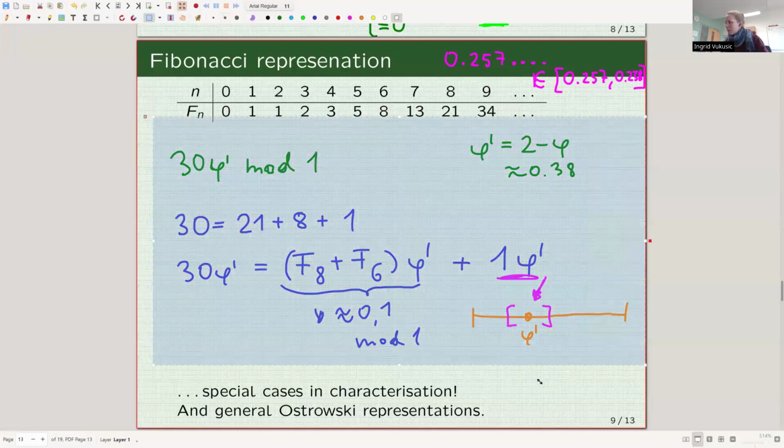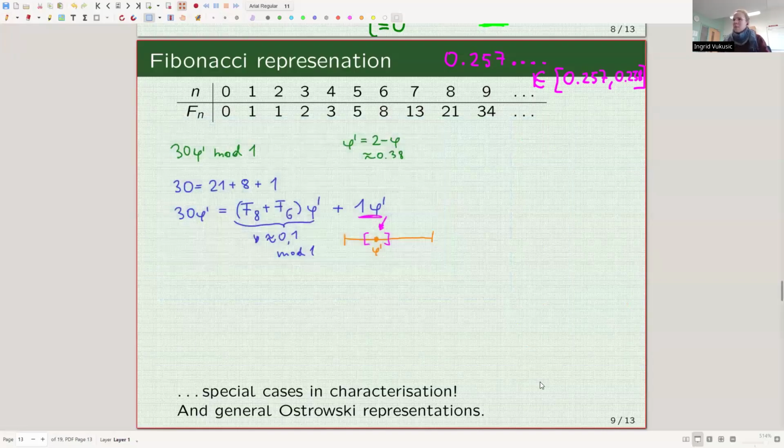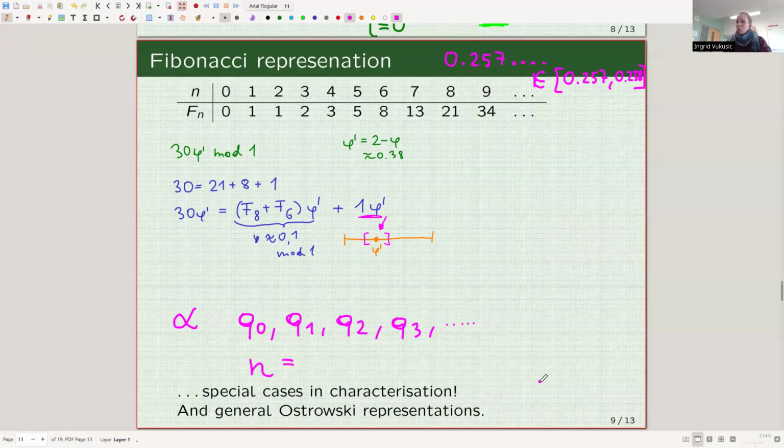I'm not going to introduce them rigorously, but if you have any irrational alpha, then you can compute the continued fraction expansion, and from this, instead of the Fibonacci numbers, you get some other best approximations that get you super close to integers. And then, if you have a number n, and you want to know where n times alpha lies, mod 1, then you just need to represent n as a sum of these q's, and exactly as before, you can do the greedy thing.